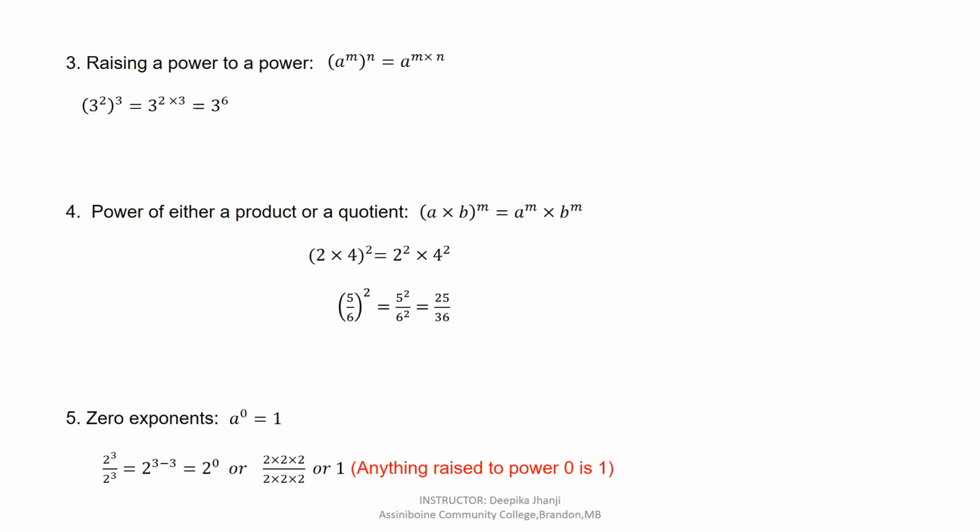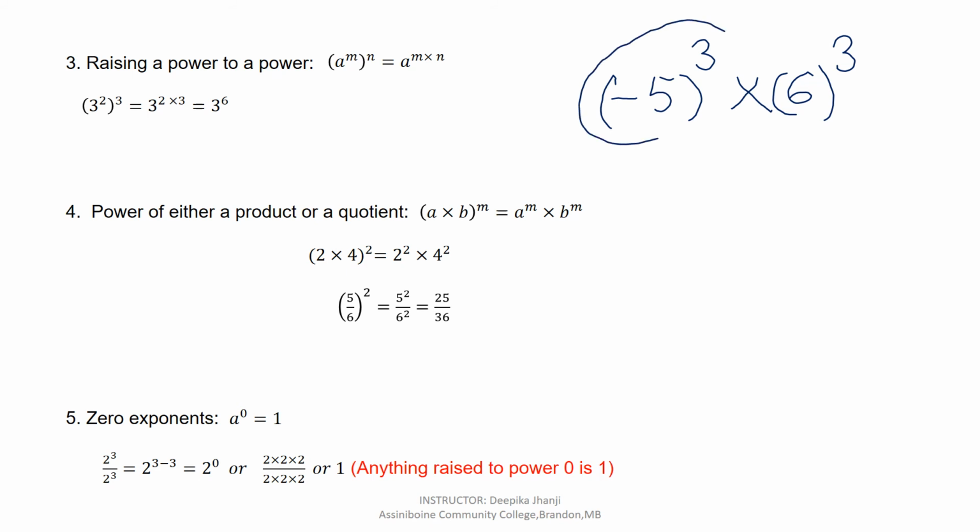Okay. Now another way of using this law is, if you see somewhere negative 5 raised to power 3 times 6 raised to power 3. So instead of calculating each single exponent, what you can do is combine the bases. So negative 5 times 6, right?